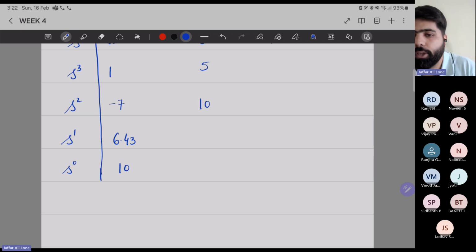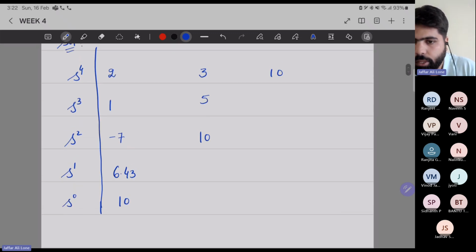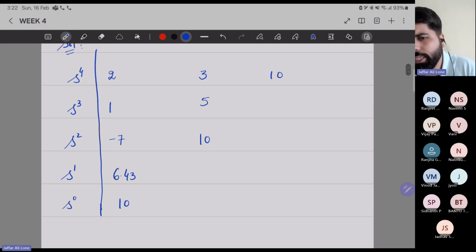Is this clear to everybody, how to make this Routh array? It's very easy, but as we move on, the complexity of the problems will increase, so it's better to interrupt me here if you have not understood.